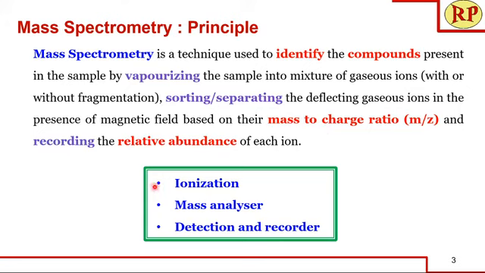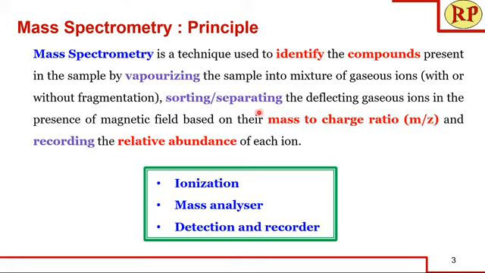That is, this analysis has three steps: ionization, where the sample is vaporized into a mixture of gaseous ions. That is, you have a molecular ion which can be further fragmented to smaller ions. So you will have many ions present which are separated by deflecting them in the presence of a magnetic field based on the mass to charge ratio.